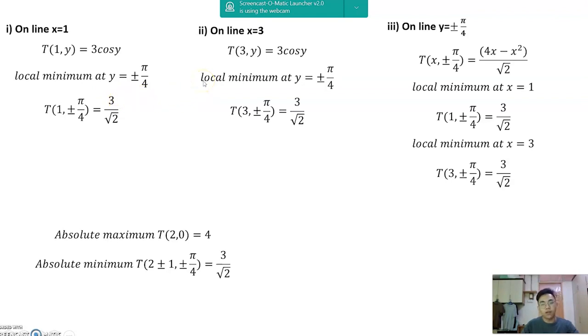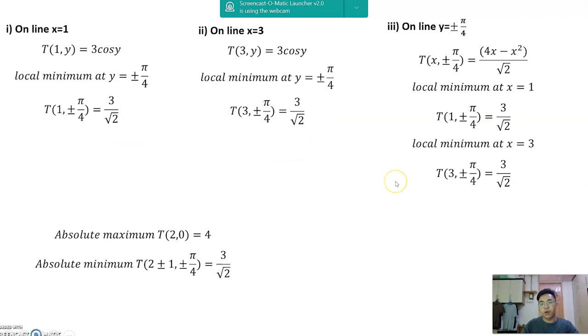After that, we find the temperature on the line x equal to 3. After we substitute x equal to 3 into the temperature formula, we get that the answer is 3 cos y. Since we know that the local minimum at y is equal to plus minus pi over 4, we get that the temperature at this point is 3 over square root 2, which is the same as the previous answer.